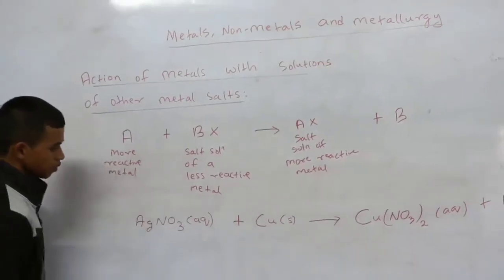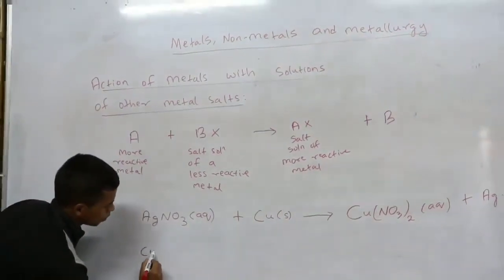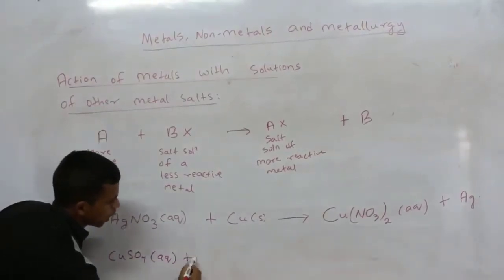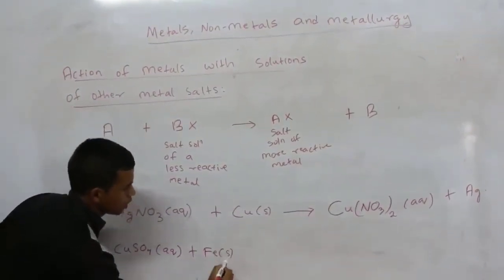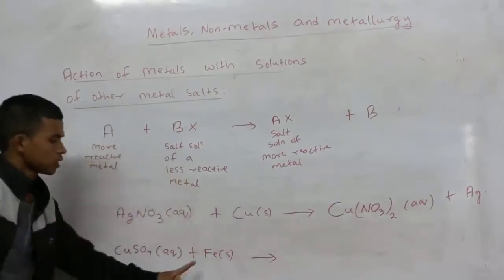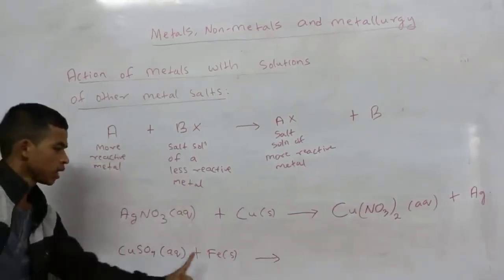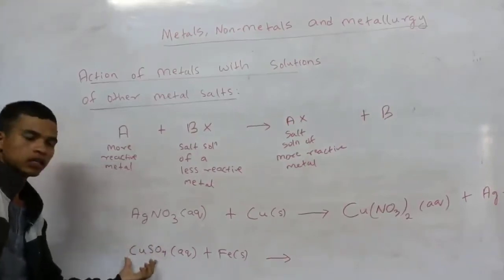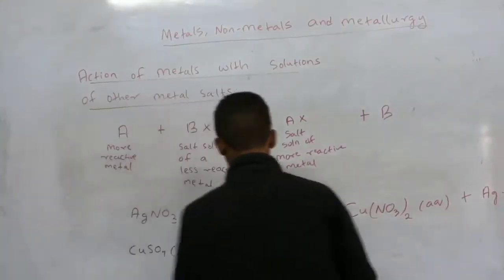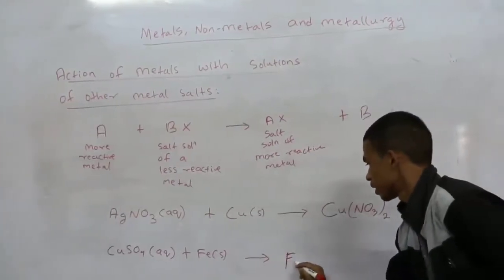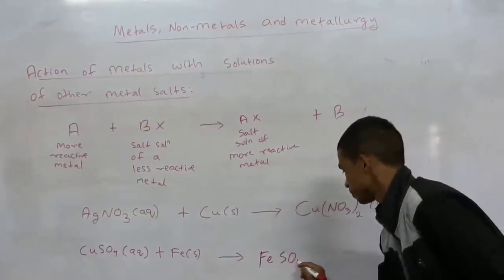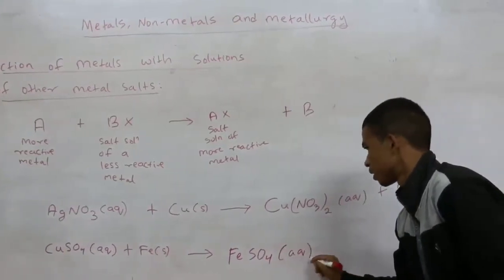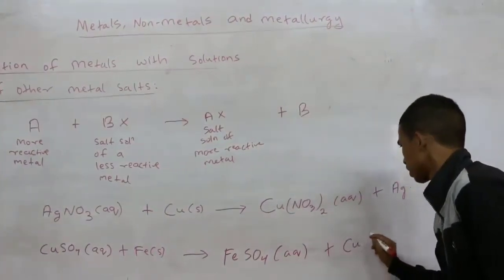Another example we have now is when copper sulfate, which is a salt, reacts with iron. As iron is more reactive than copper, iron will displace this copper from its salt solution. Then in this case we will get iron sulfate plus copper.